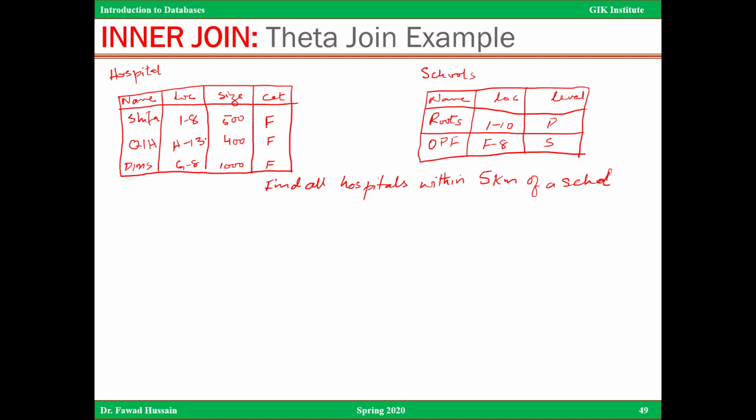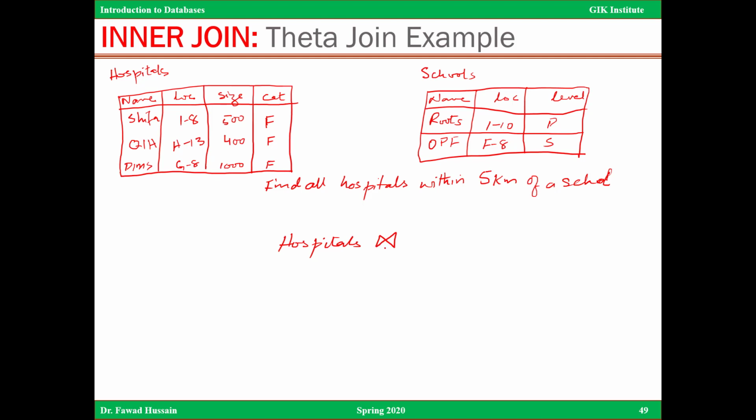The first thing is you are going to look at, okay, what is common between them, and the one thing that's common between them is location. However, these have different locations and these have different locations. So maybe I can use some of the built-in functions. For instance, I can say, okay, I'm going to make hospitals, and I'm going to use the join operator.